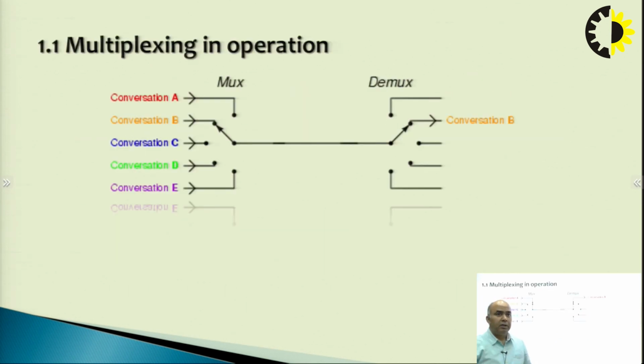Here we have multiple conversations being done, where A, B, C, D, E are the 5 users, or nodes.